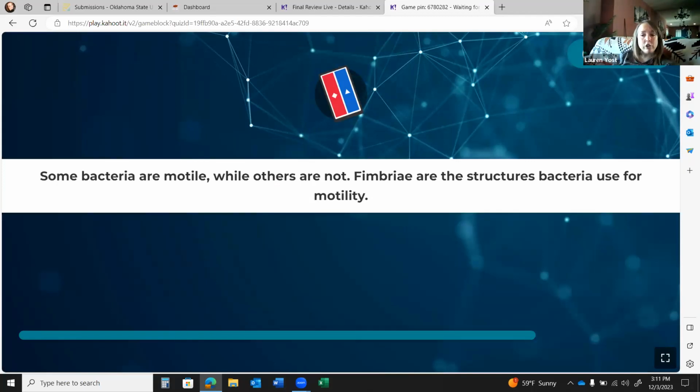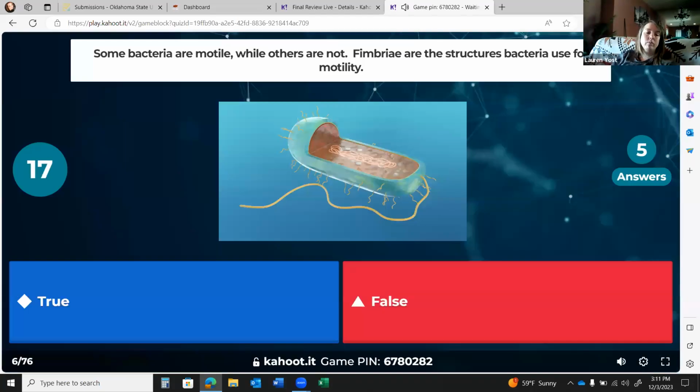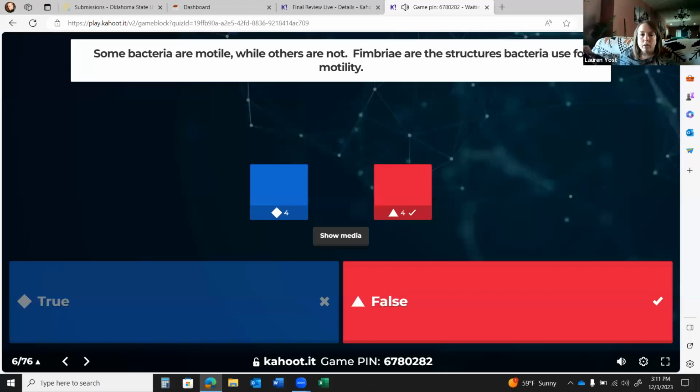All right, some bacteria are motile, others are not. Are Fimbriae the structures bacteria use for motility? All right, so flagella are what bacteria use for motility.